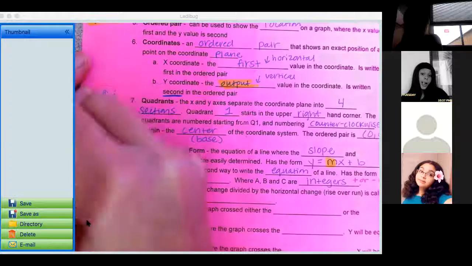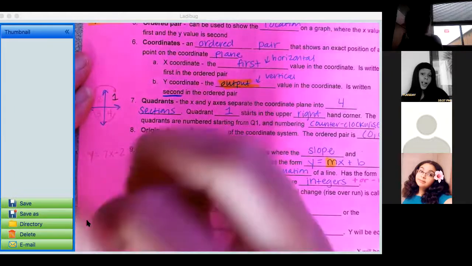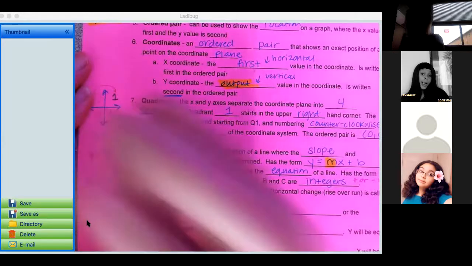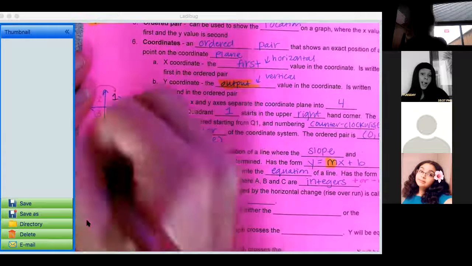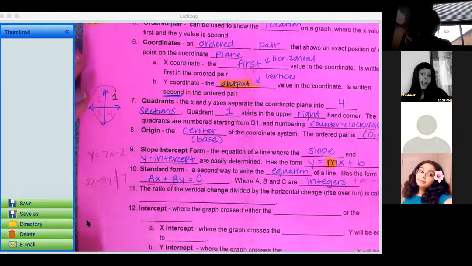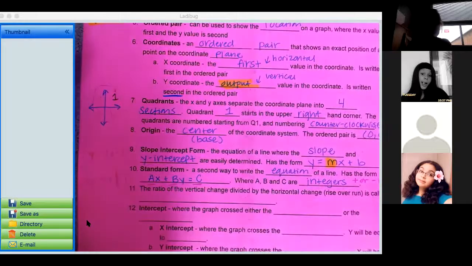This is standard form. Jordan, pick me 3 numbers. 2x minus 5y equals 7. That's standard form. X and y, do you guys see how they're on the same side? That is standard form. They both represent a line. So don't tell me one of them's a line and one of them's not. They're both for lines.